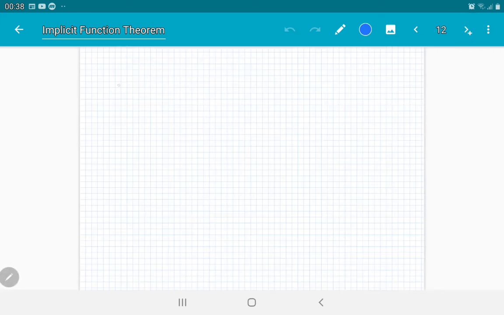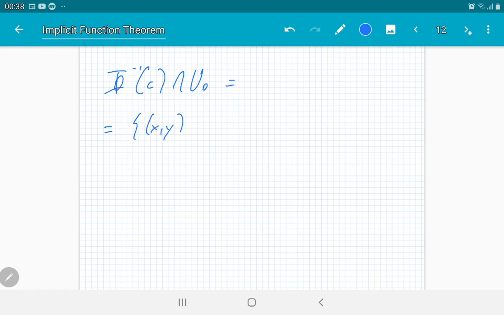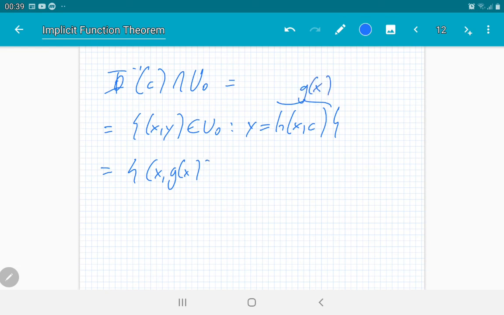Remember that my goal was to argue about phi minus 1 of c. Let me write it again. So the set of x, y in u0 such that y is equal to h of x, c. I claim this is the same thing as x, g of x, where x belongs to A. And again, G is C alpha because H is.